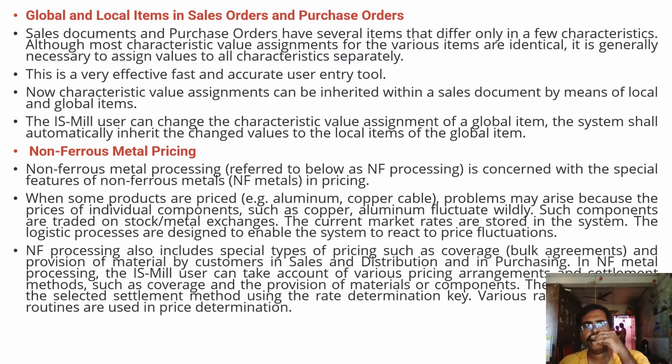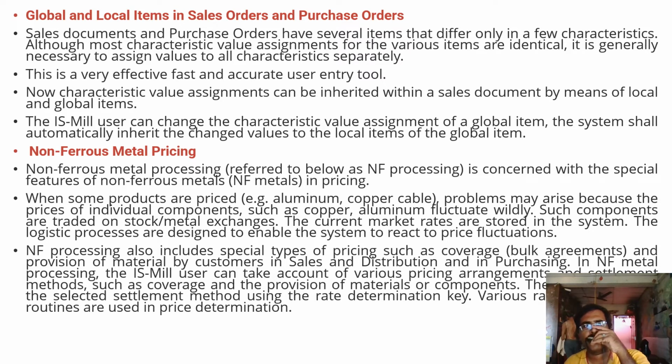There is a very effective, fast and accurate user entry tool, and now characteristic value assignments can be inherited within a sales document by means of local and global items. The IS mill user can change the characteristic value assignment of the global item. The system shall automatically inherit the changed values to the local items of the global item. So whenever a characteristic and class comes up, we have the global and local items, right?